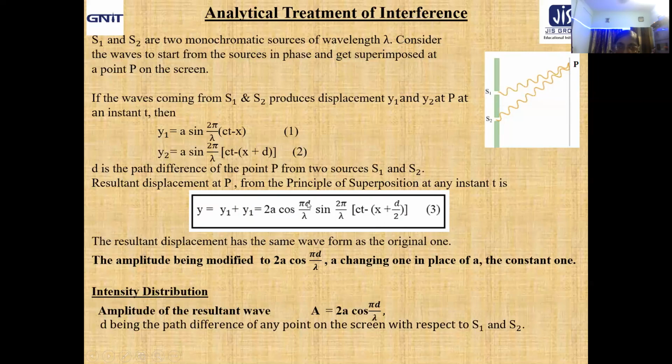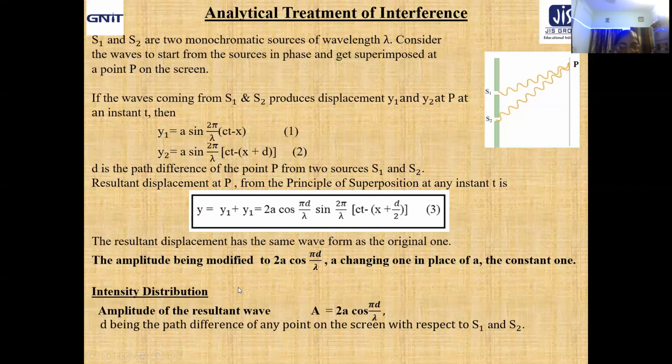Naturally, d is variable. But in the superposing waves, the amplitudes were constant, a and a. So, a very important conclusion: the amplitude is modified to 2a cos pi d by lambda, a changing one, in place of a, the constant one.